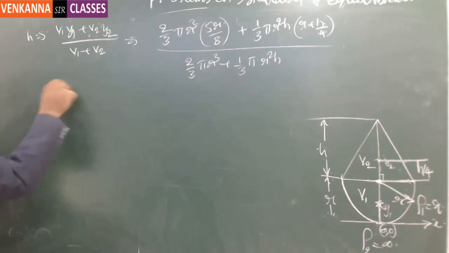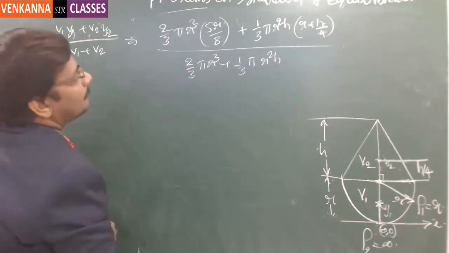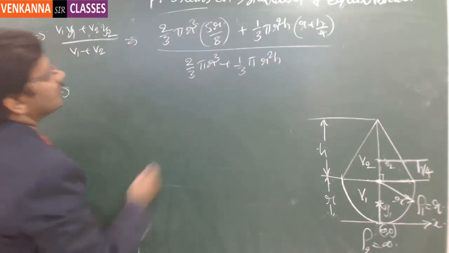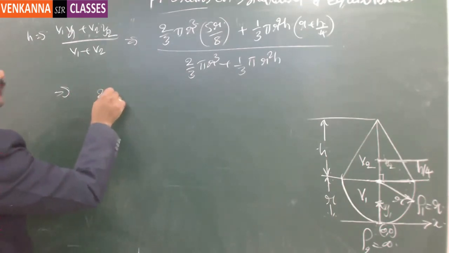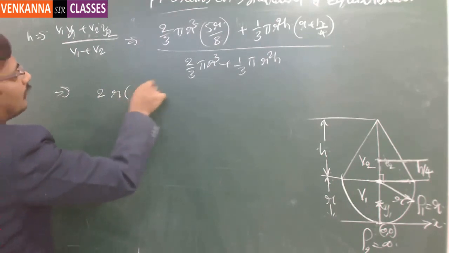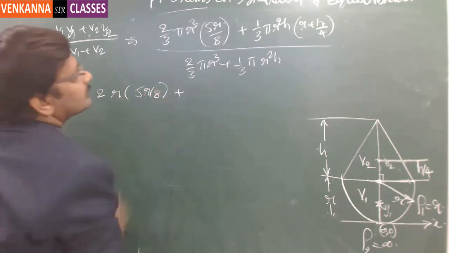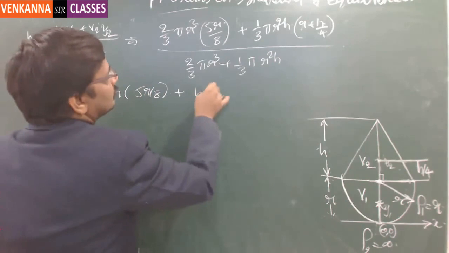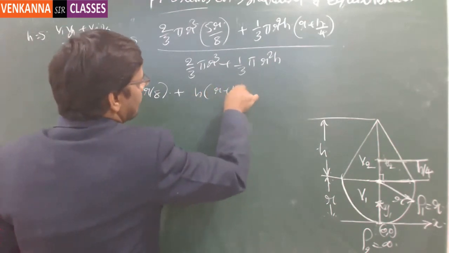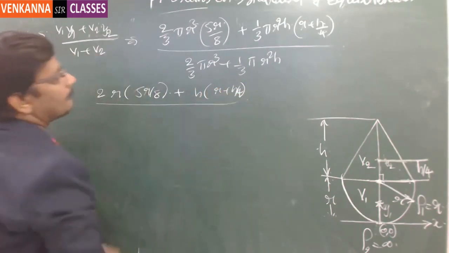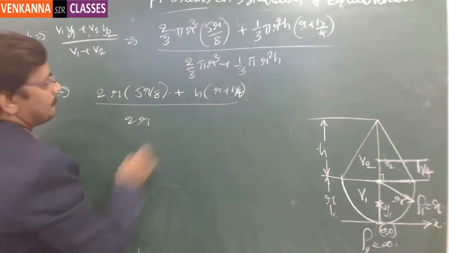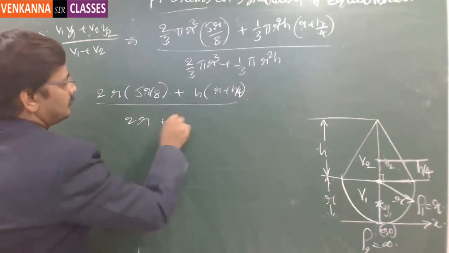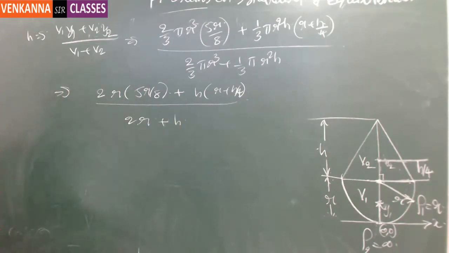Now this simplifies to, so pi r square you can cancel out and 1 by 3 also you can cancel out. So 2r into 5r by 8 plus h into r plus h by 4, whole divided by 2r plus h. So this is what is left over, right? So this is the h value.